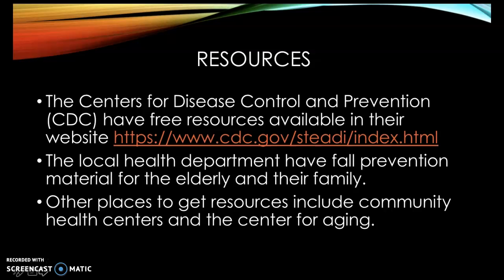For resources, the Centers for Disease Control and Prevention, CDC, have a lot of free resources available on their website, which will be provided to the clients. And also the local health department in Baltimore has a lot of materials which will be shared with the clients. Flyers will be handed to them and their families, and other resources will be shared from the community health centers and the Center for Aging.